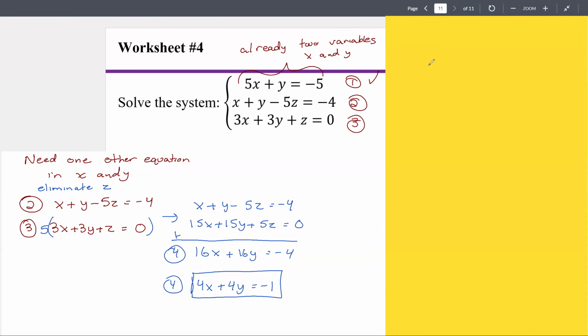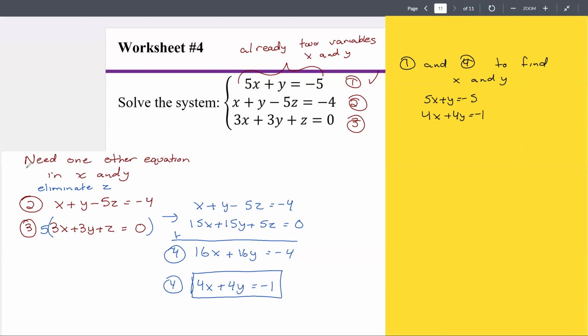So we're going to use 1 and 4 to find x and y. So we have 5x plus y equals -5, and we have 4x plus 4y equals -1.